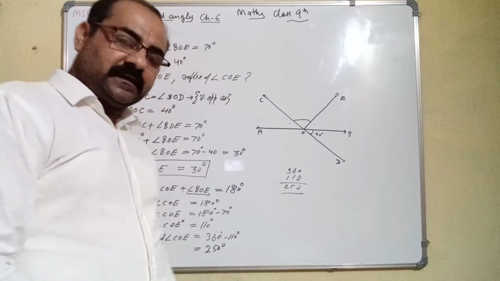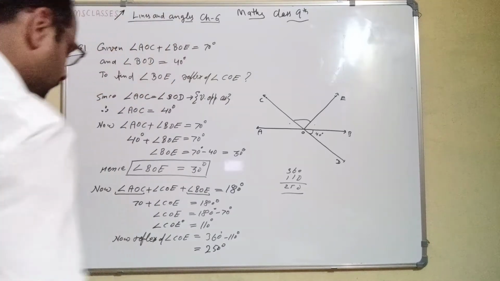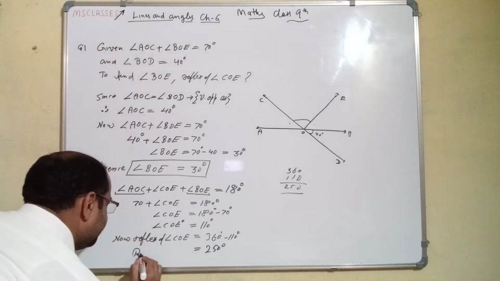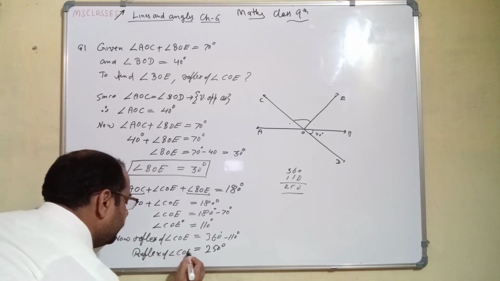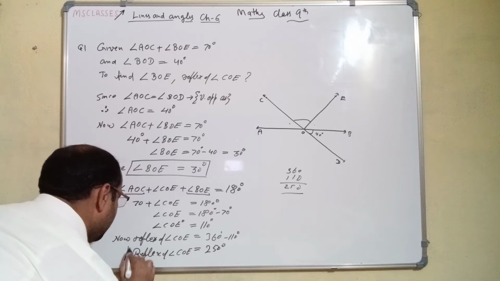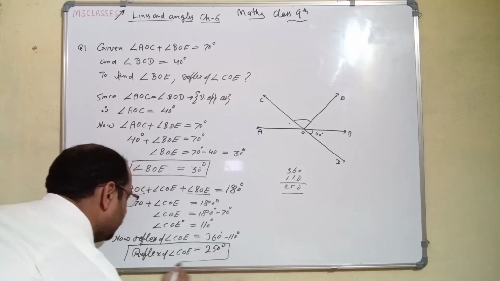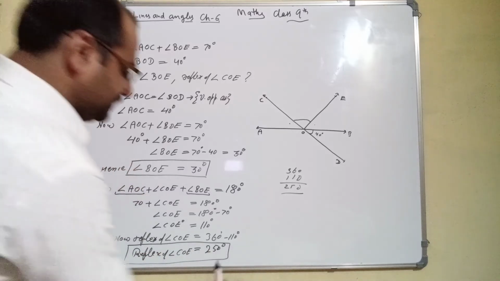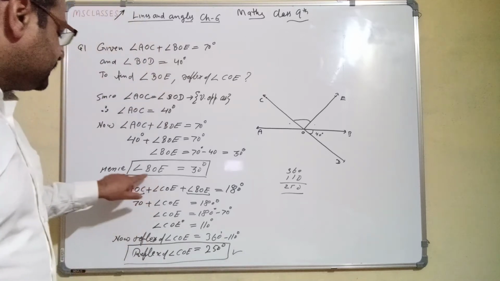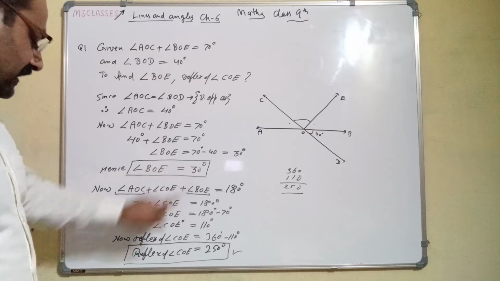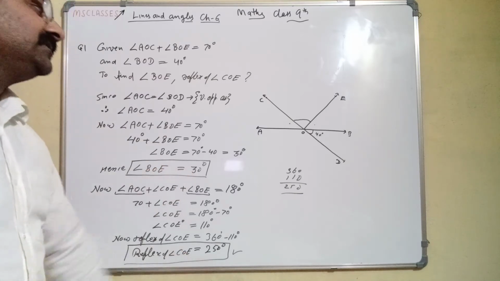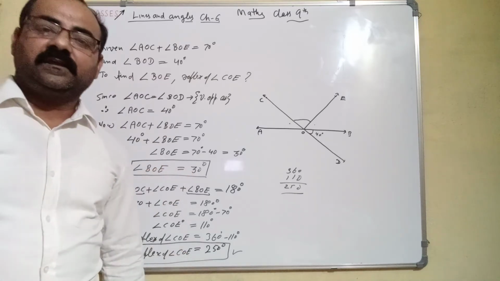So your answer is reflex of angle COE is equal to 250 degree. So guys, this is your answer. Your first, BOE is equal to 30 degree and reflex of COE is equal to 250 degree.